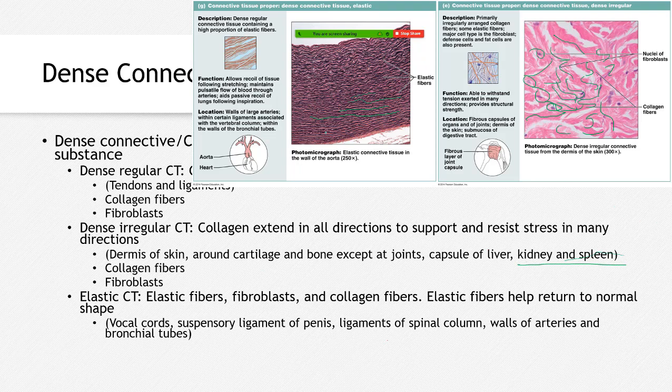The reason why we find this in the arteries is because the heart is a pumping mechanism, right? Whenever the heart beats and contracts, it's going to push blood out. If it pushes blood out, the arteries will expand by filling with blood. If you remember, what do elastic fibers do? After it expands, what's going to happen to those elastic fibers?